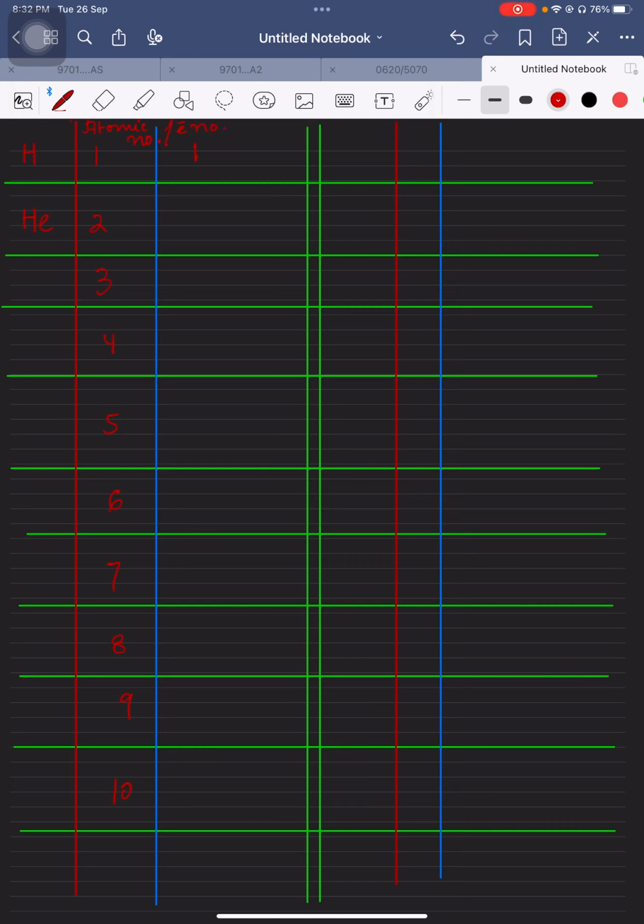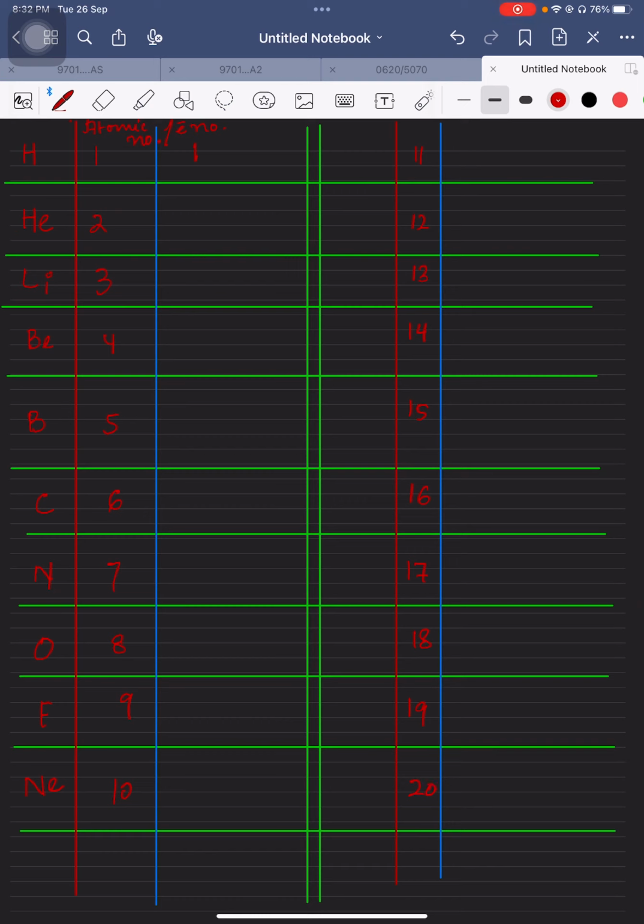Okay, so it is hydrogen, helium, lithium, this is beryllium, this is boron, this is carbon, nitrogen, this is oxygen, fluorine. I am telling it to you continuously. So this is number 10, that is called neon. And now we are moving to 11, 12, 13, 14, 15, 16, 17, 18, 19, 20th.